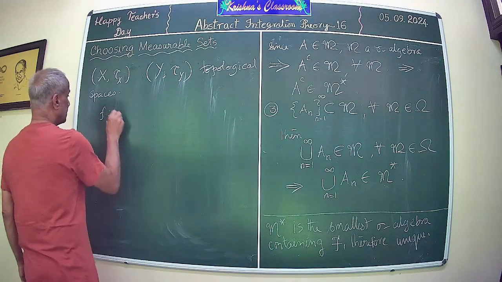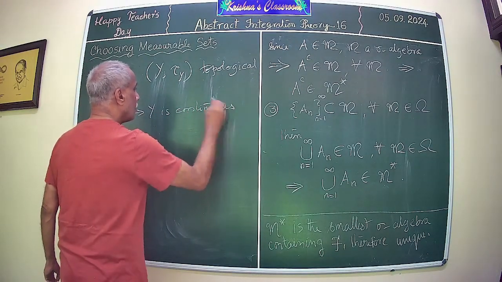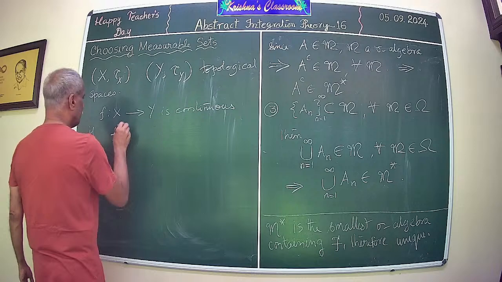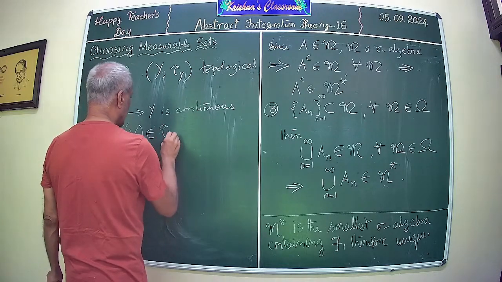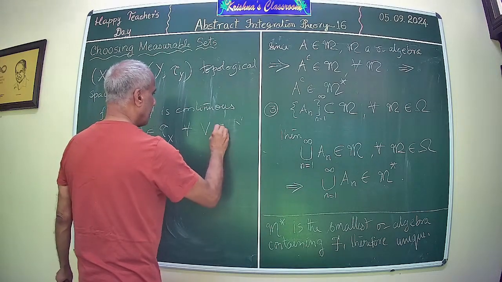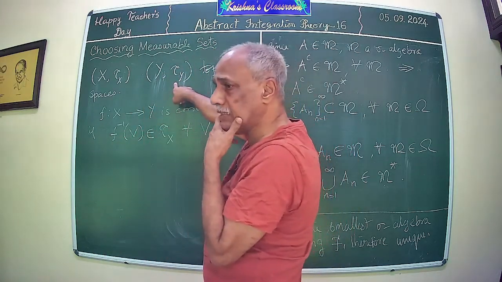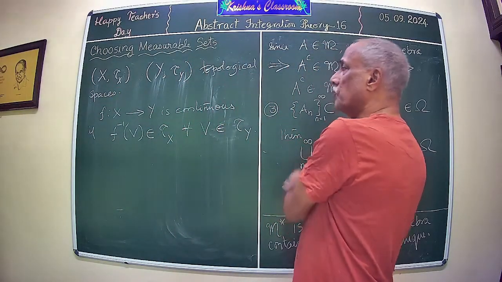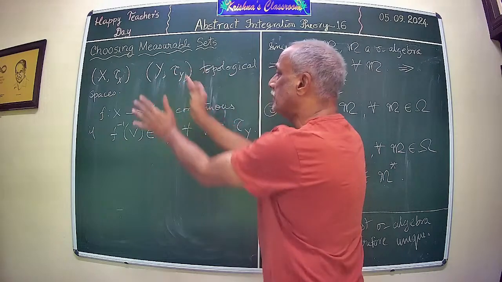So f from X to Y is continuous if f inverse of V belongs to tau X for every V in tau Y. That means these are all the open sets that we have designated in Y, and these are all the open sets that we have designated in X. It means the pullback of every open set in Y should be an open set in X.